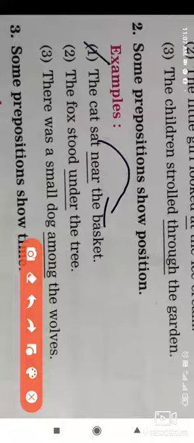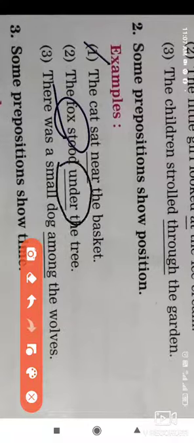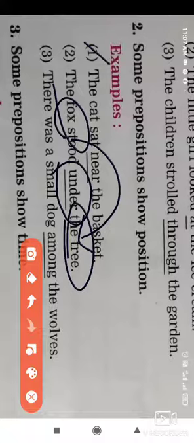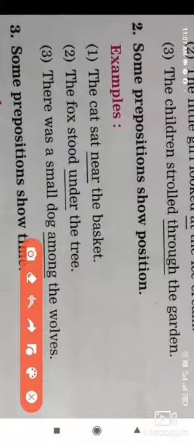It shows the position of the cat. The fox stood under the tree. The position of the fox was recognized by the preposition under. So the word under shows the relation between the fox standing and the tree, where the fox is standing. Third: there was a small dog among the wolves.